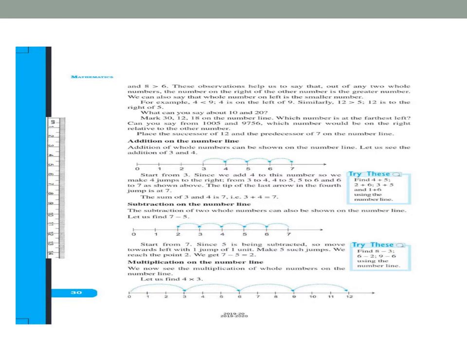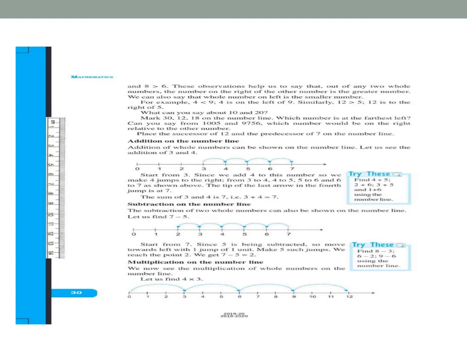Since we add 4 to this number, we make jumps to the right from 3 to 4, 4 to 5, 5 to 6 and 6 to 7, as shown above. The tip of the last arrow, the fourth jump, is at 7. So we started from 3 and where does it end? It ends at 7. 3 plus 4 will give you how much?